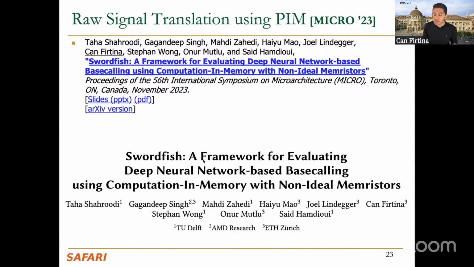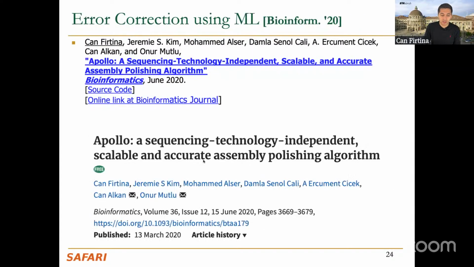And the question was, can we perform this operation in an analog manner so that we can do the computation in a very energy efficient way and maybe in a faster way? And this is what we explore in this work. And what we show is we can do computation inside the memory to do these multiplications so that maybe we can even do base calling. So this is another interesting work. If you are interested, you can take a look at this.